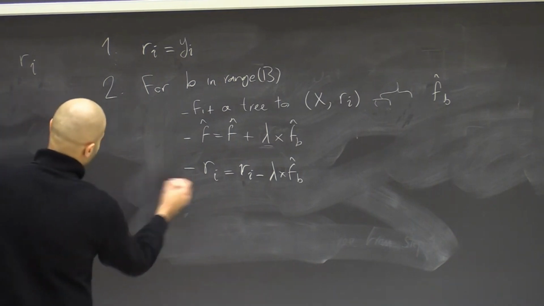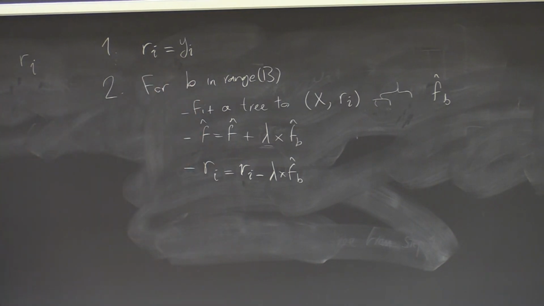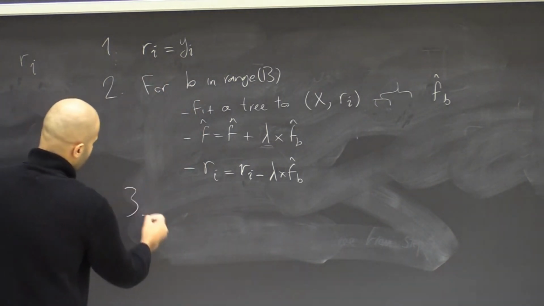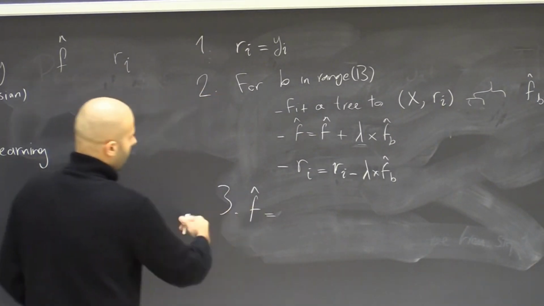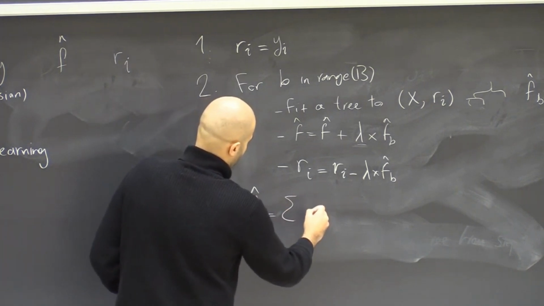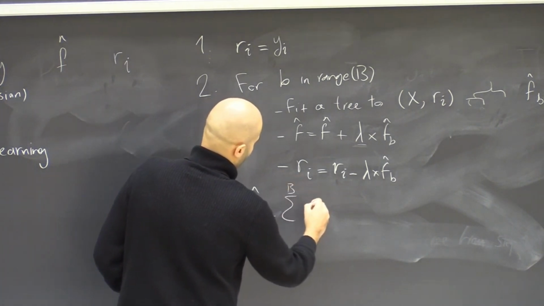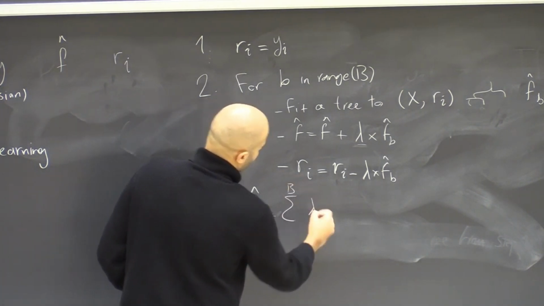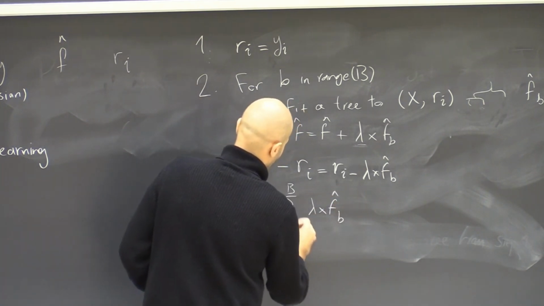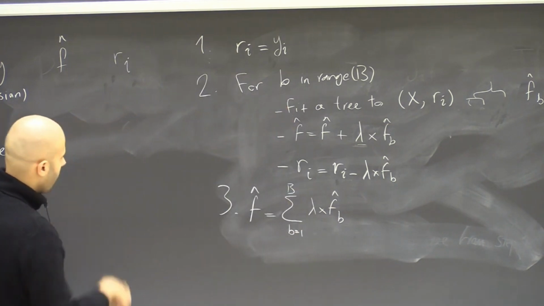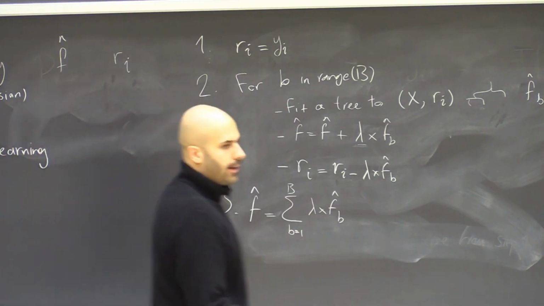Yeah, and then when we go over all the bootstrap samples, we're going to have a final model. At the end it is going to be the sum of lambda times f hat b, from b equals 1 to capital B. Yeah, so this is the process.